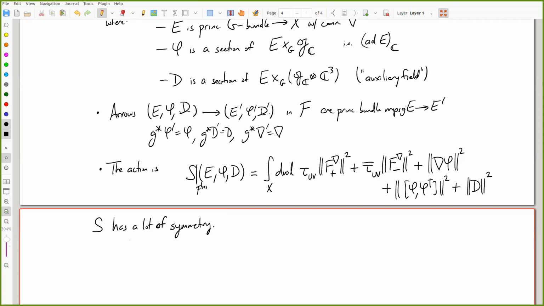In particular, what do I mean by saying that it has a lot of symmetry?